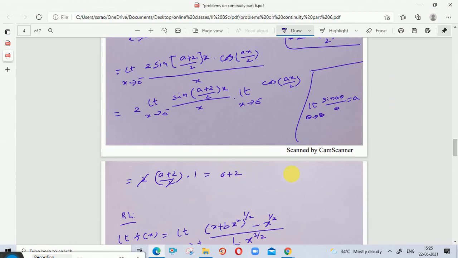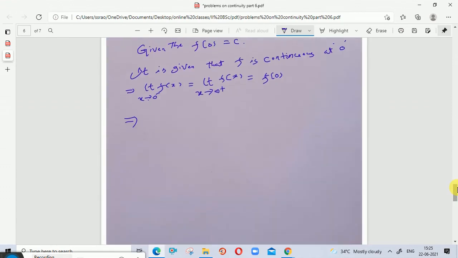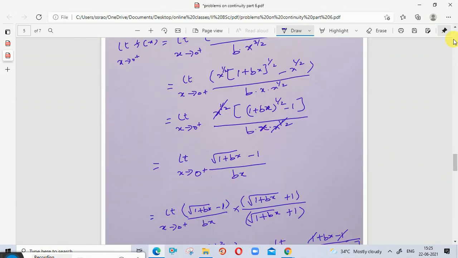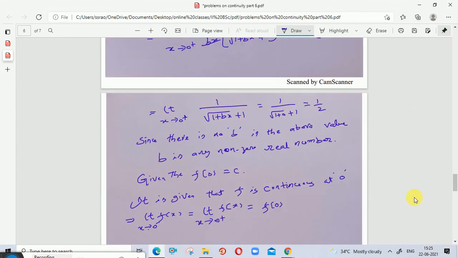Okay, so a plus 2 is equal to limit x tends to 0 plus f of x is equal to 1 by 2. See, 1 by 2. Okay? It is clear.